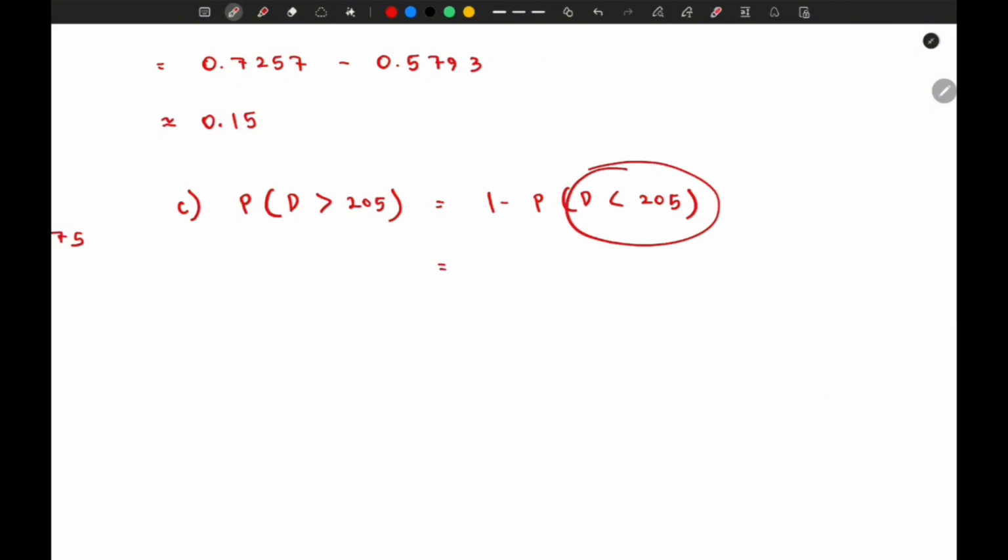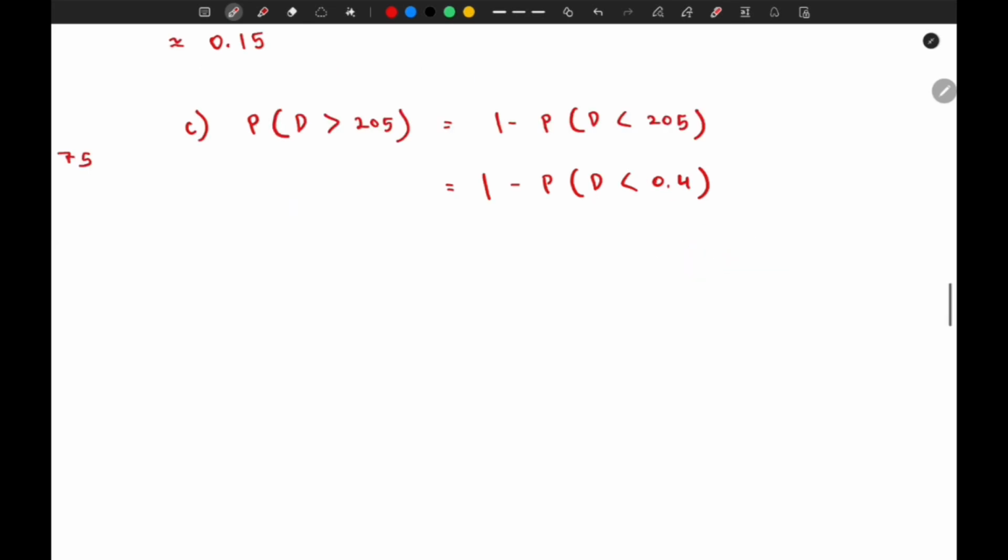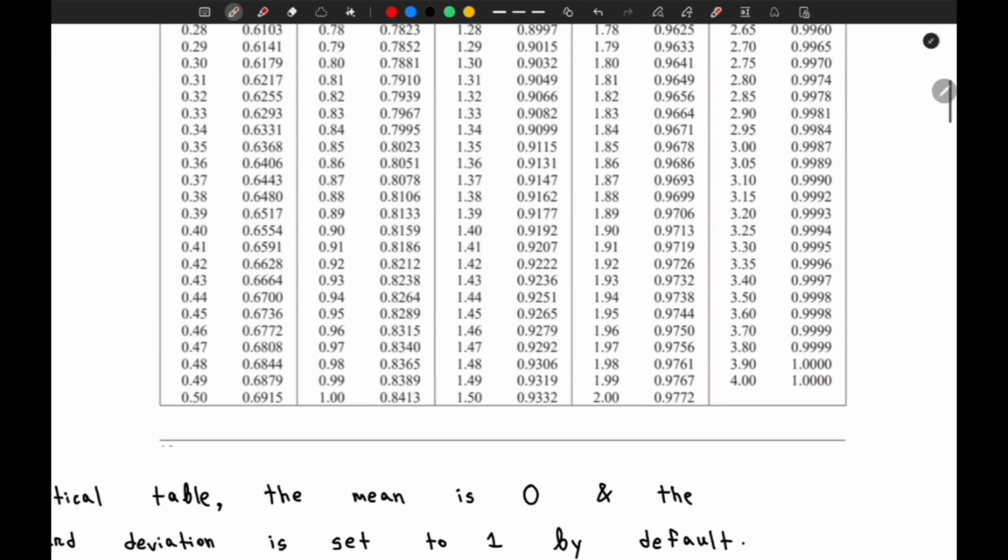Then we need to convert this value of d into z. So it's the probability of z less than (205 minus the mean value) divided by the standard deviation. So this gives us a value of 0.4. Now if we go back to the statistical table, when the value of z is 0.4, the probability is 0.6554.